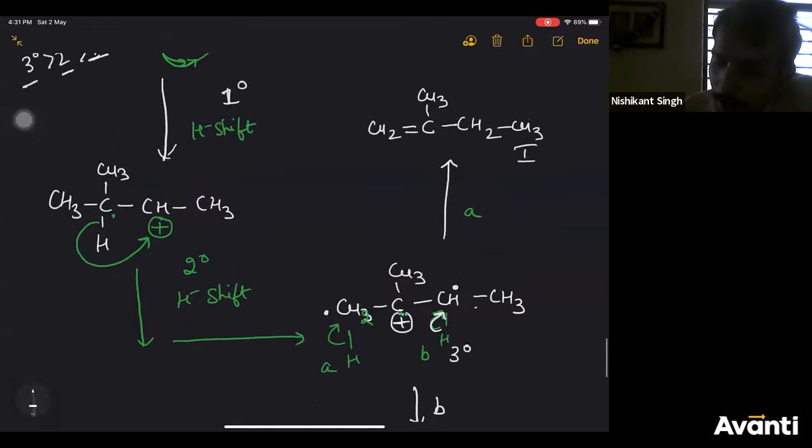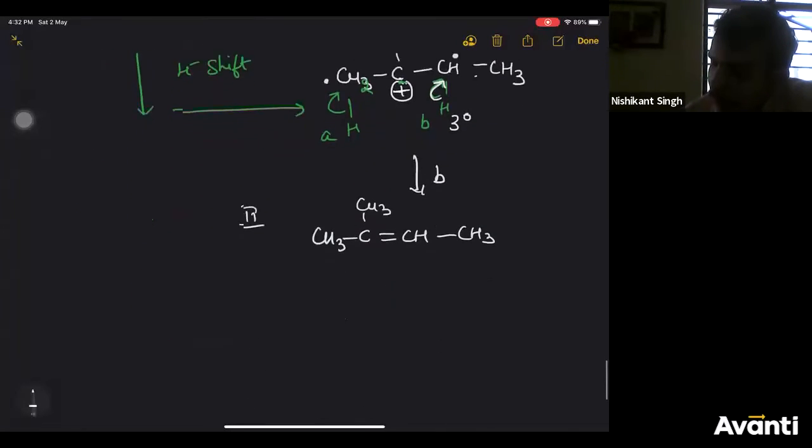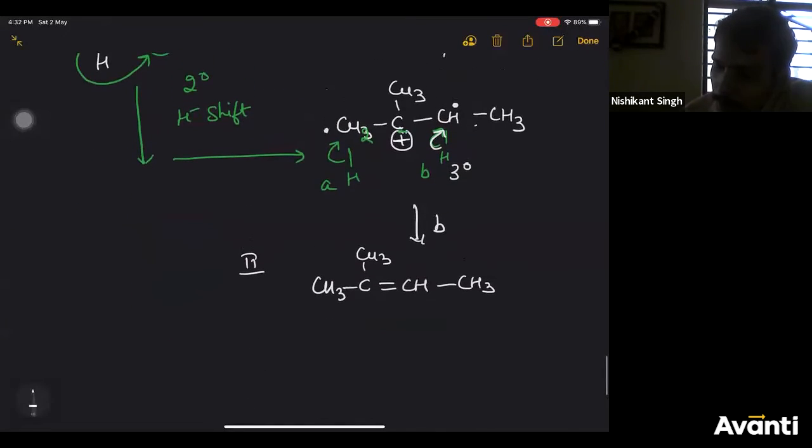So see this alkene, this is a double bond carbon. This is next carbon. This is next carbon. So total how many alpha hydrogen you have? 5. So this alkene is stabilized by 5 hyperconjugating structures, whereas there is a double bond here. This carbon and this carbon has double bond.